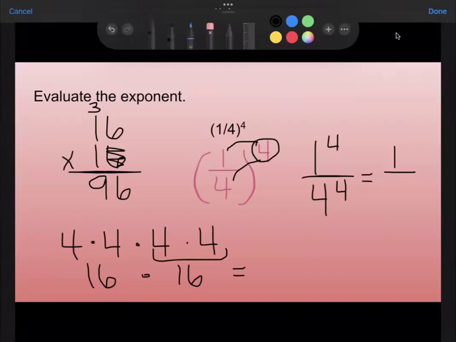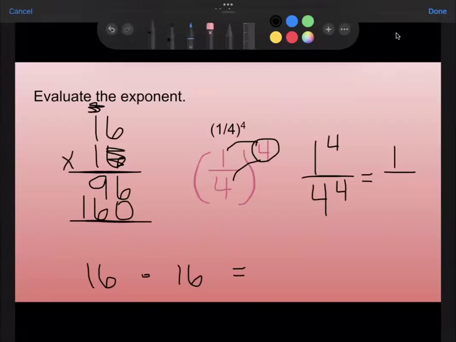Then I would cross that off, cross this off, add a 0. I'm going to delete these down here so they're out of my way. Then 6 times 1 is 6. 1 times 1 is 1. I end up with 6 here, 5 here, and a 2 here. So the final answer ends up being 1 over 256.